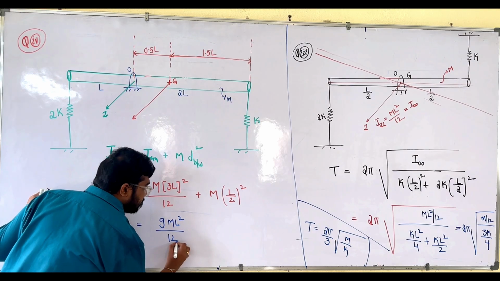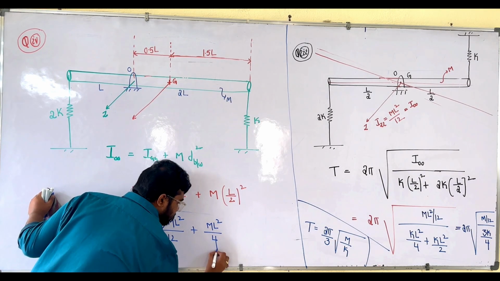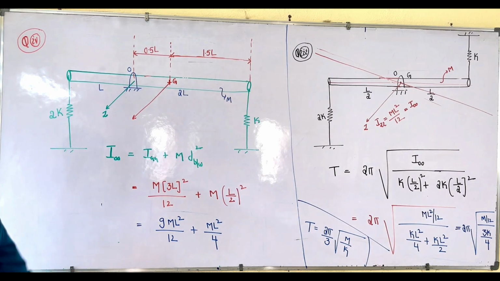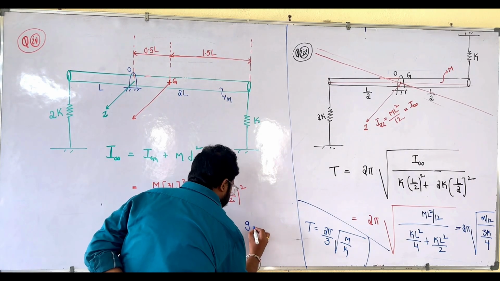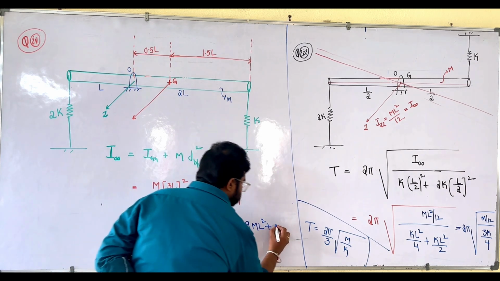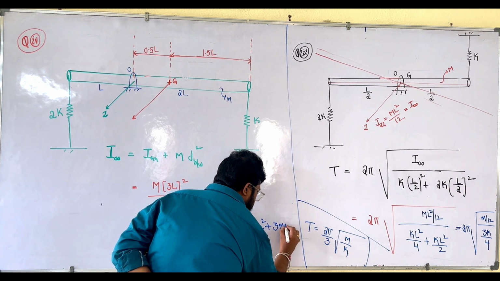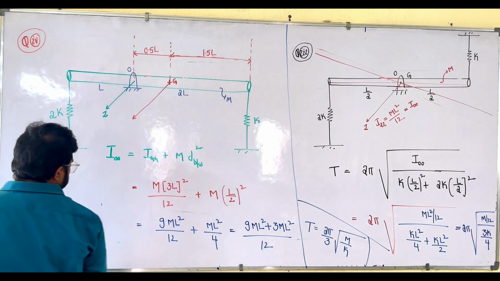Clear? So now tell me, 9 ml square by 12 plus ml square by 4. Then how much is obtained? 9 ml square plus 3 ml square by 12. So finally 12 ml square by 12.